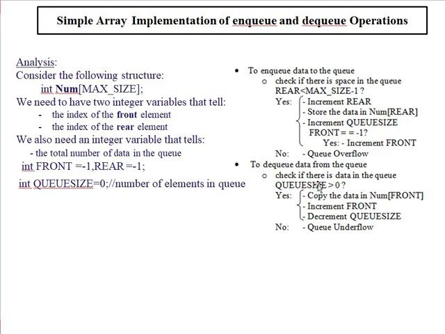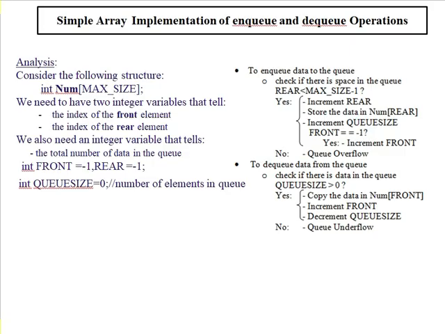So this queue size is greater than 0. If this condition is true, then we can copy the value pointed by the front variable, because here the front variable is used to indicate an element that can be removed.